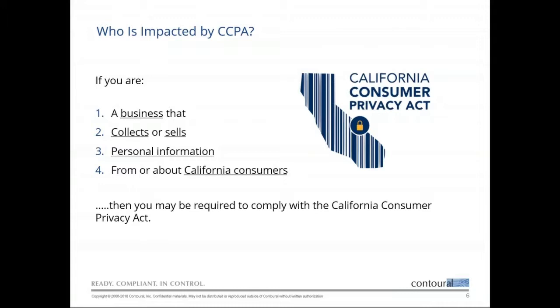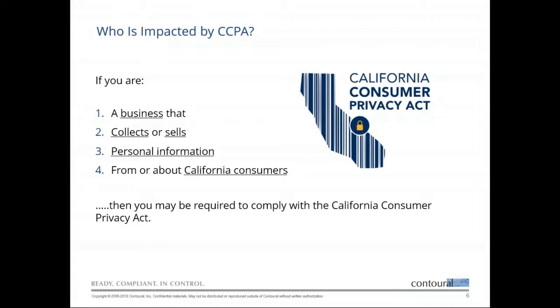And then a California consumer is defined by the law as any natural person who is a California resident. So that means that every individual in California who is there for anything other than a temporary or what they call transitory purpose, or every person who is domiciled, who resides in California, but who is outside the state for a temporary or transitory purpose, they all qualify as consumers under the law.